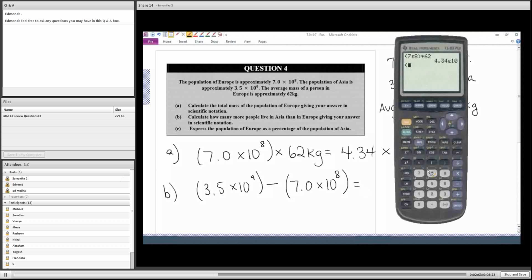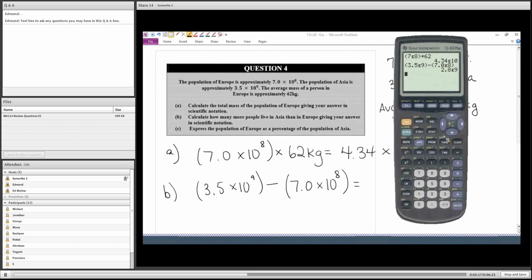So open up parentheses, and let's do 3.5, second function, that little comma, and we're using to the power of 9, close, minus 7.0, comma, to the power of 8.